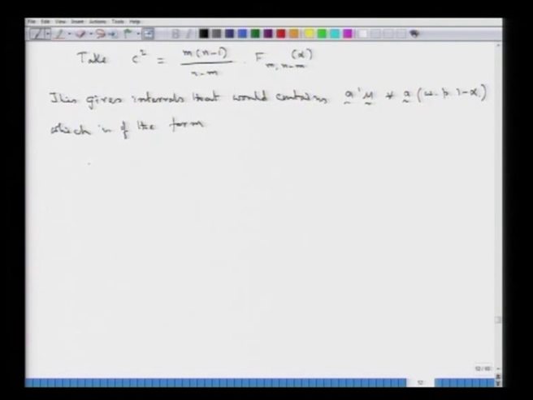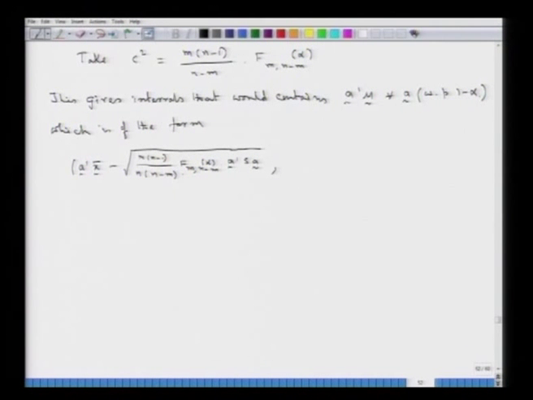So this interval is now given by a prime x bar minus the square root of this entire quantity, which is m times n minus 1 divided by n times n minus m, into F(m, n minus m, alpha), into a prime S a.